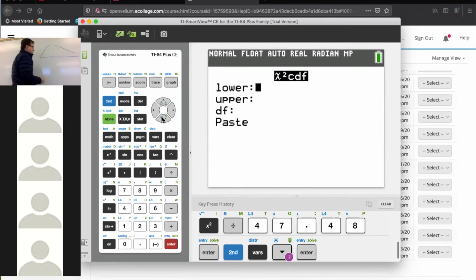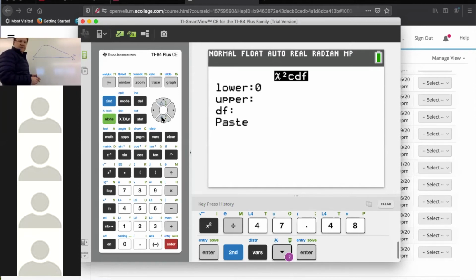It's a right skew chi-square distribution. The distribution begins at 0. So very different from your usual normal distribution and your usual t distribution.